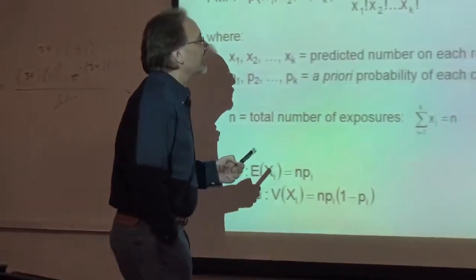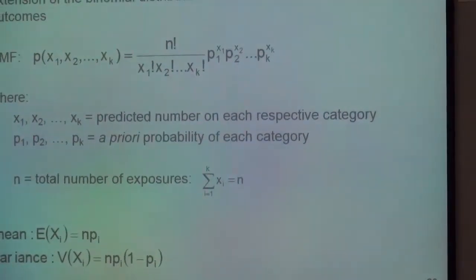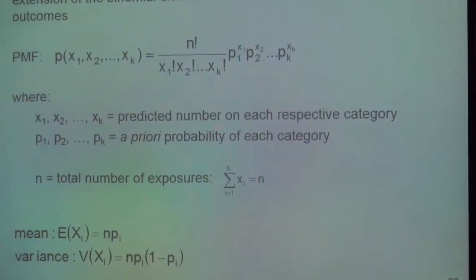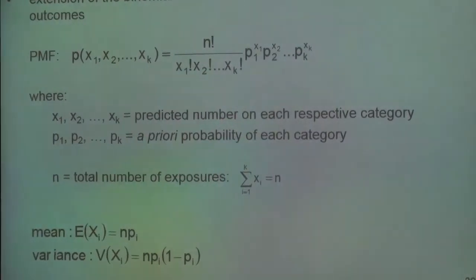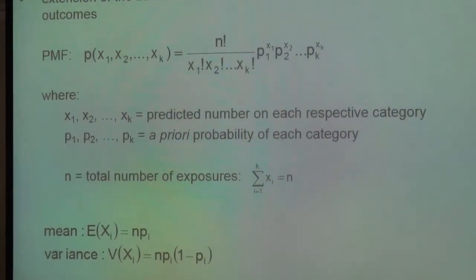So as long as those probabilities add up to 1, this will work. And so the x is the predicted number of occurrences in each category, and p is the a priori probability of that occurrence in each category, as long as all of these add up to 1.